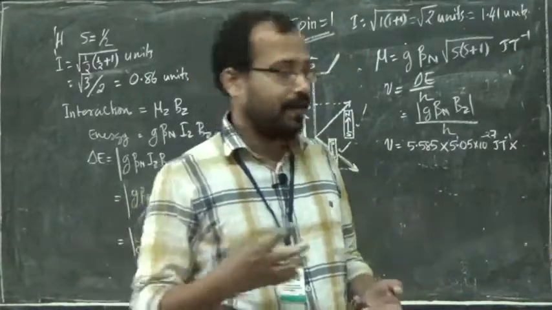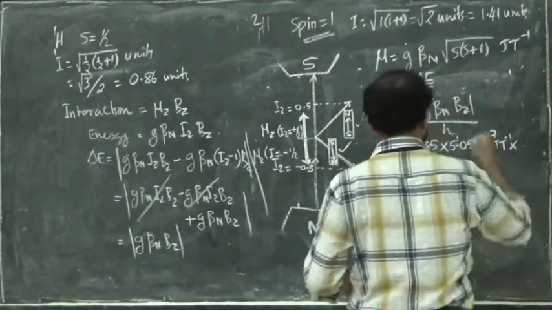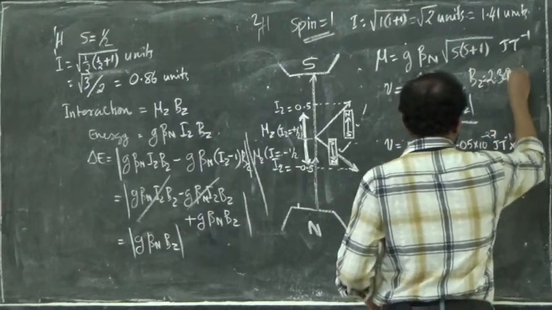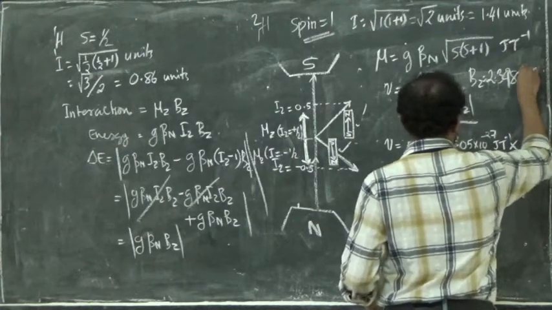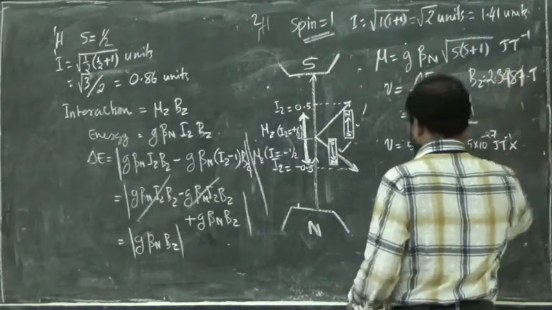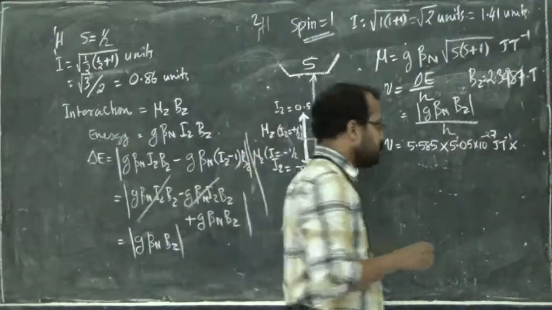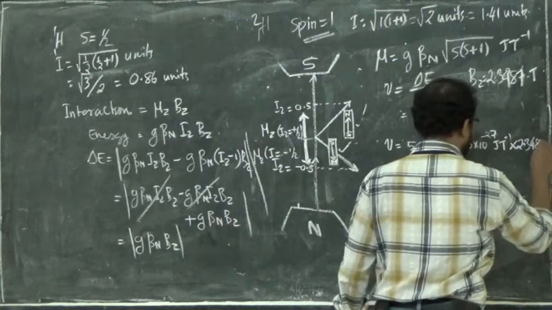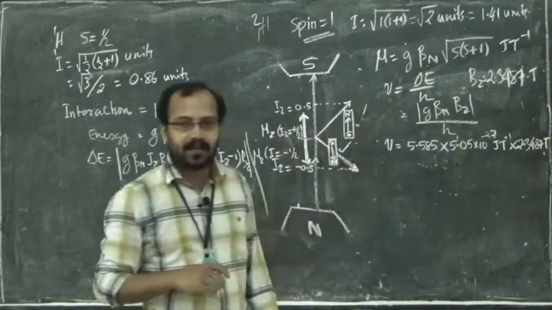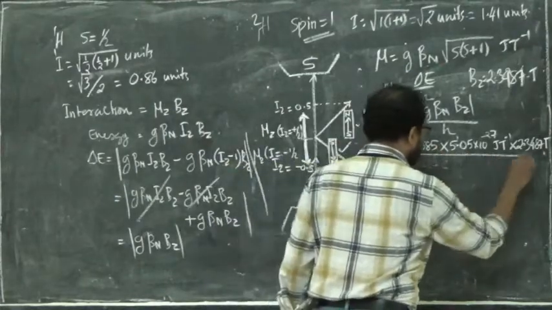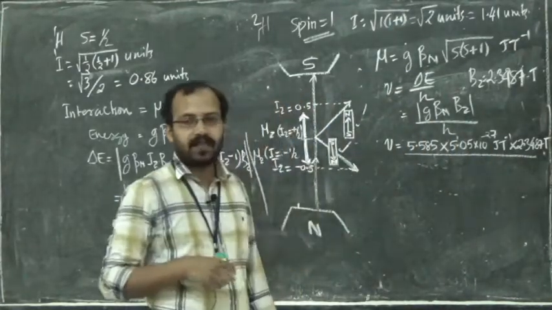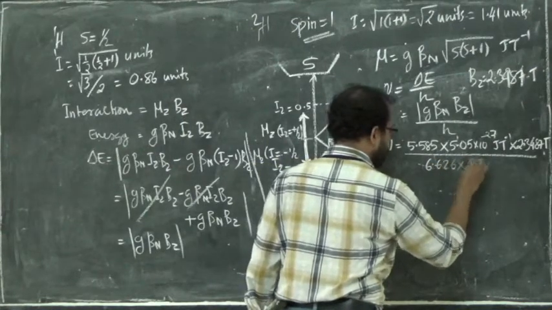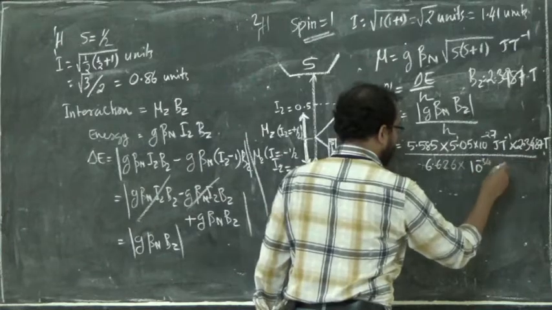In this case I am applying Bz equal to 2.3487 Tesla, that is the field I am giving, divided by h. h is equal to 6.626 into 10 raised to minus 34 joule second.